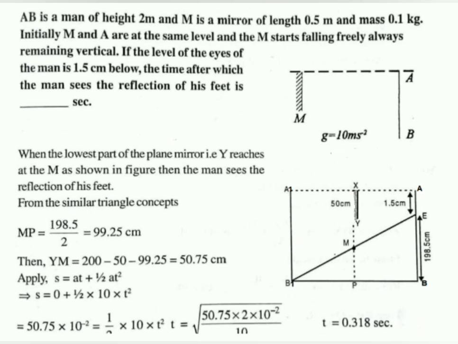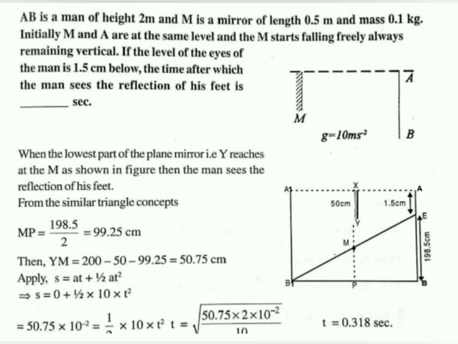Now by using the properties of triangles, see from this triangle E, B and B dash, you can compare and write, because the PB distance is equal to the P into B dash distance. This distance is equal to this distance. By comparing the bigger triangle and the smaller triangle, you can get the distance from M to P. M to P is half of 198.5 because these two are similar triangles.